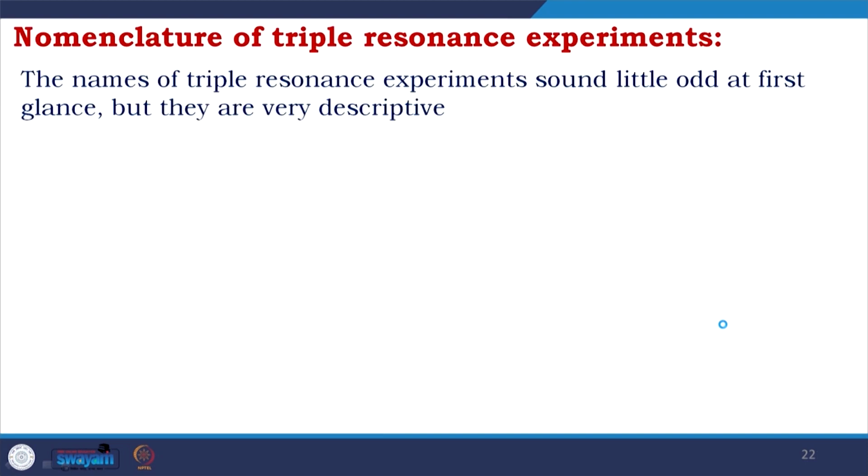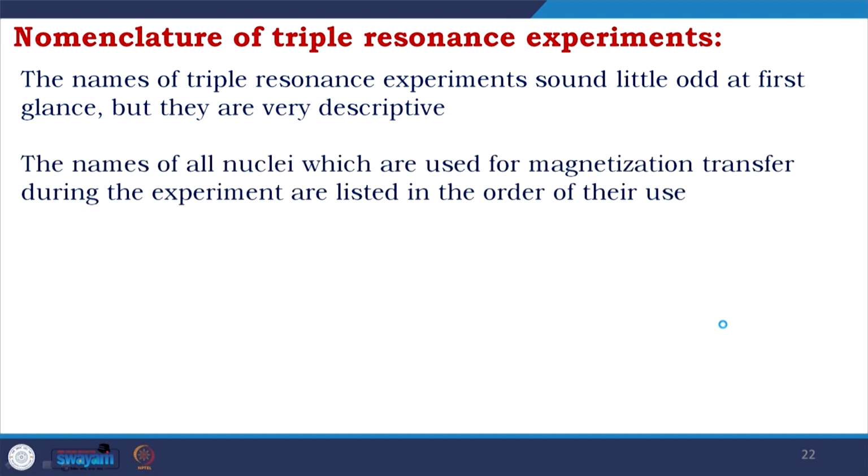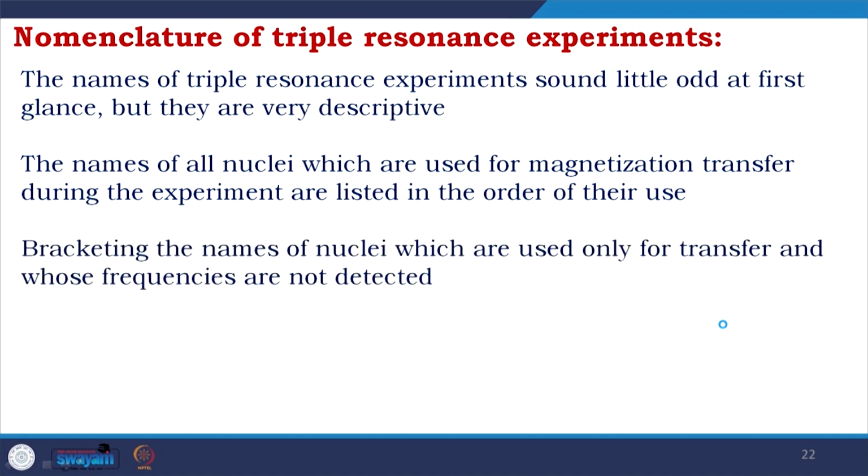Coming to the nomenclature of triple resonance experiments. The names of triple resonance experiments look a little odd at first glance, but they are very descriptive. The names of all nuclei which are used for magnetization transfer during the experiment are listed in the order of their use. Nuclei which are used only for transfer and whose frequencies are not detected are bracketed.